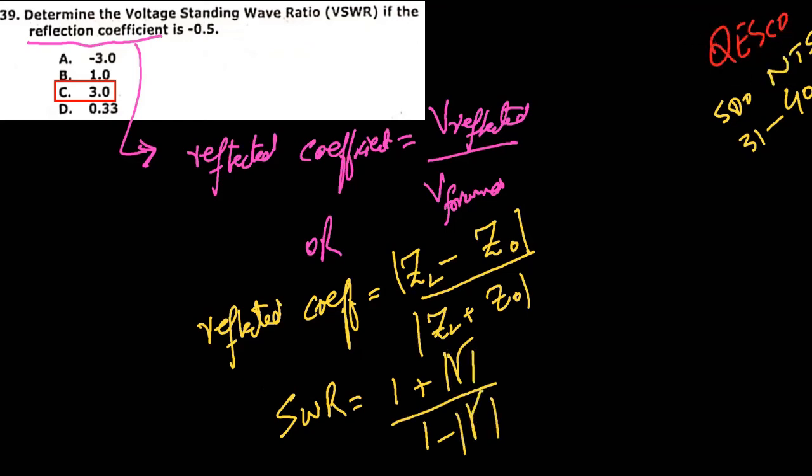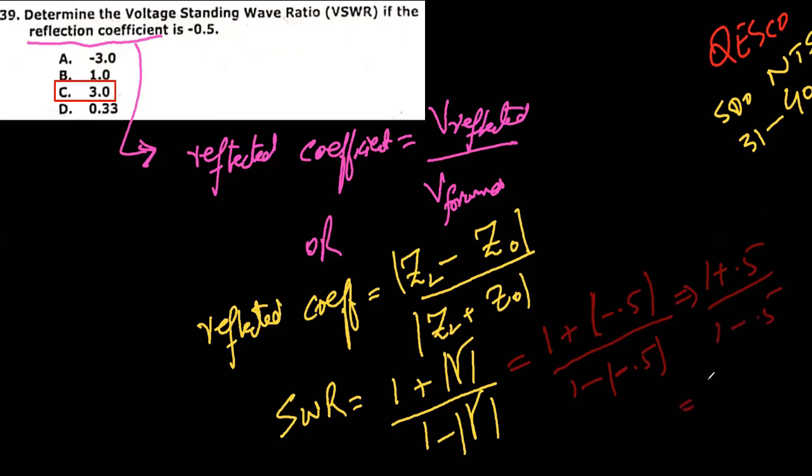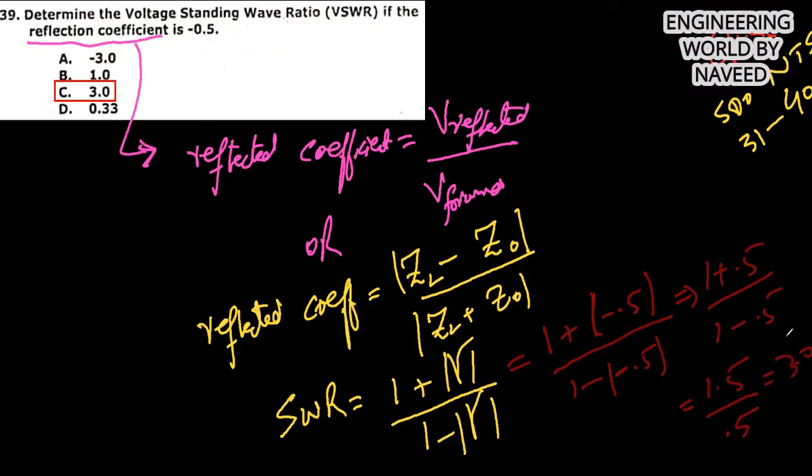In this case, the reflection coefficient is given as minus 0.5. So that's equal to 1 plus 0.5 divided by 1 minus minus 0.5. Taking the magnitude, that is 1.5 divided by 0.5, which is equal to 3.0. So option C is the correct answer.